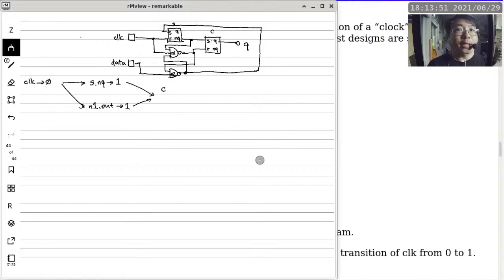Well, turns out we cannot say anything, right? Because at this point we know C.S is a 1, C.R is also a 1 because S connects to NQ of S, R connects to the output of N1, and both of those are 1s at this point. So because the input pins of the SR latch C are both 1s, all we can say is it is maintaining its state.